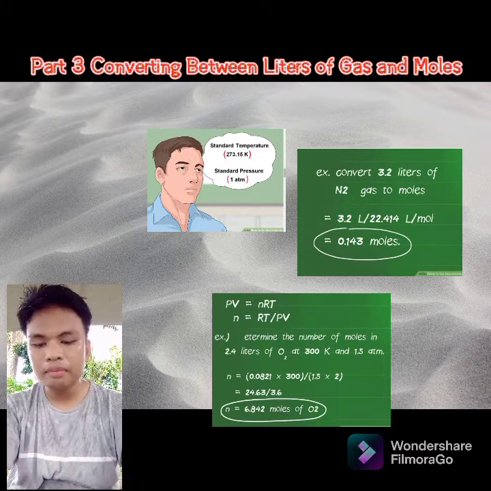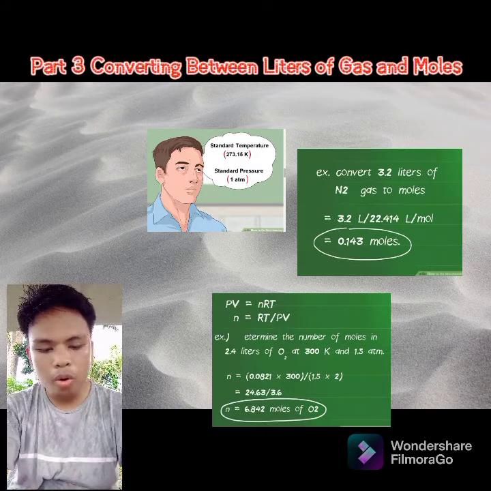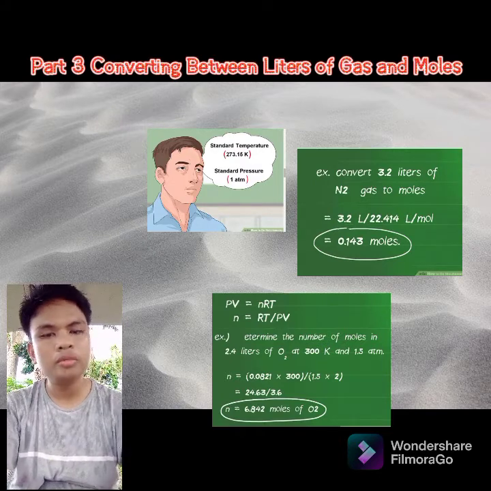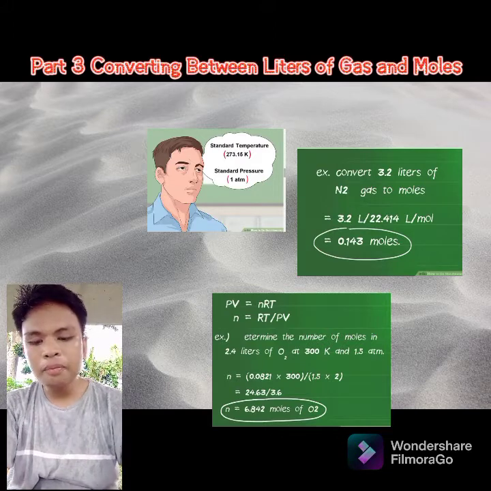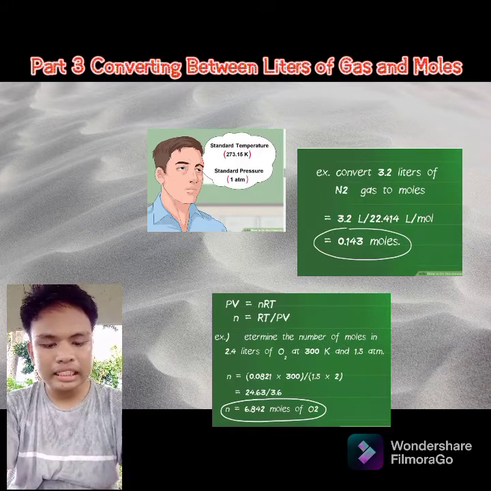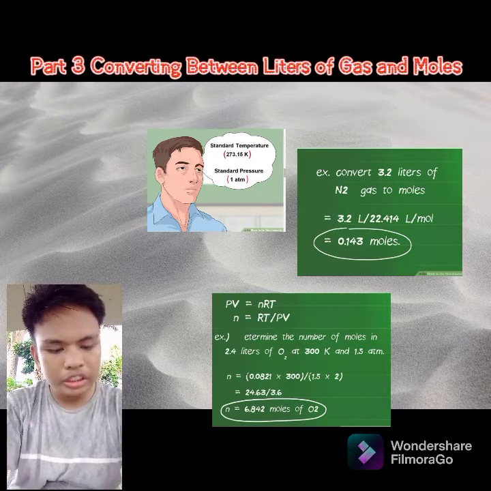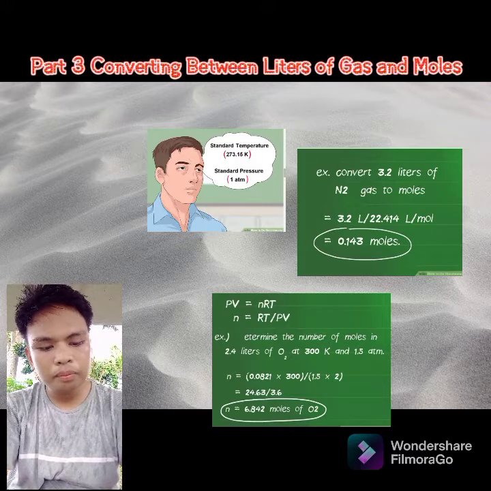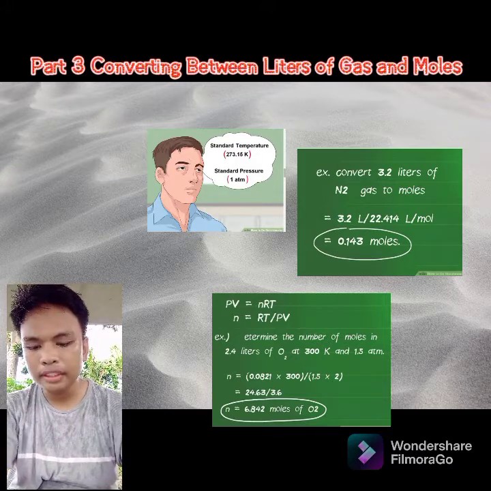For the second step, use the conversion factor 22.414 liters per mole to convert liters of gas to moles. For example, convert 3.2 liters of nitrogen gas to moles: 3.2 liters divided by 22.414 liters per mole equals 0.143 moles.